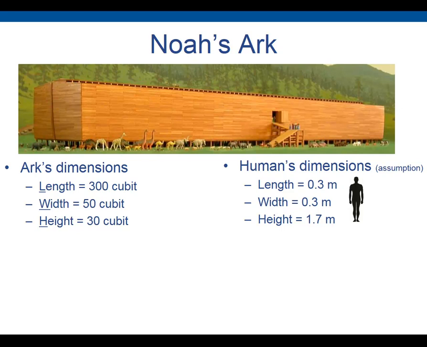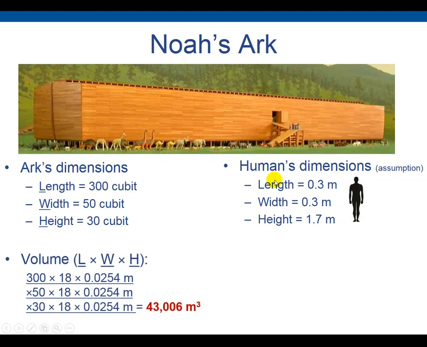So let's calculate the Noah's Ark volume and the human's volume. Here you can see the ark has length, width, height dimensions, and this is the unit. This is the human's dimension, length, width, height, and this is the unit, meter. So how can you calculate the volume?